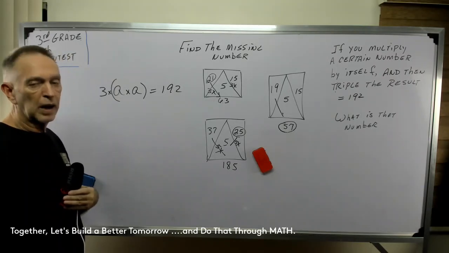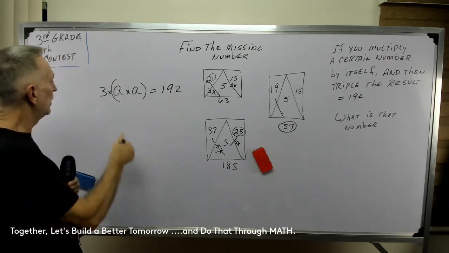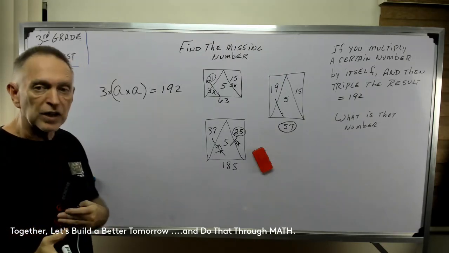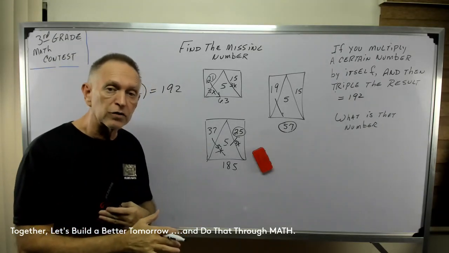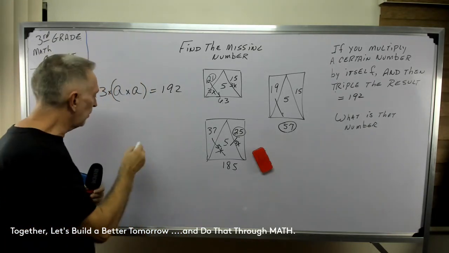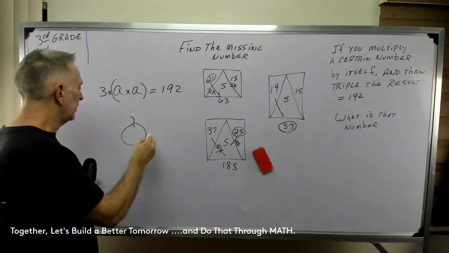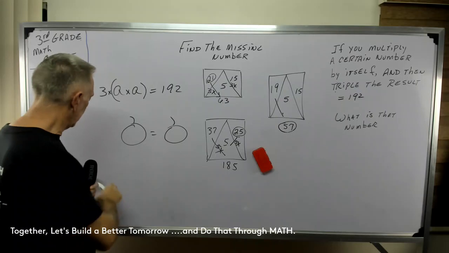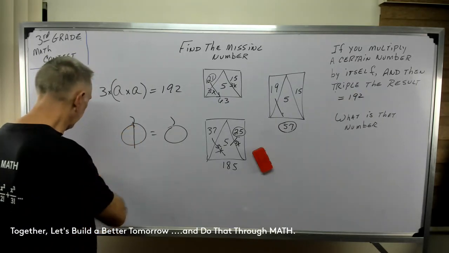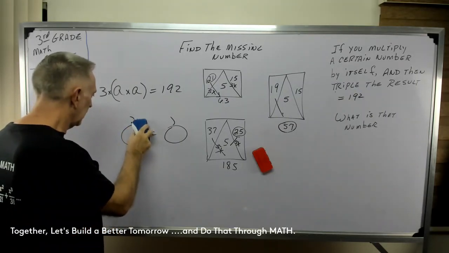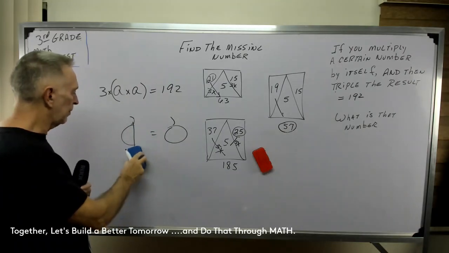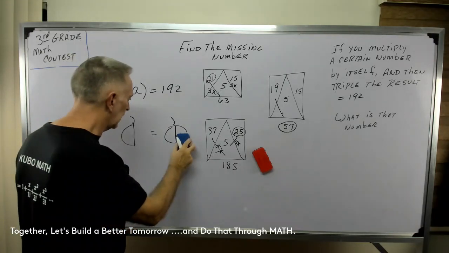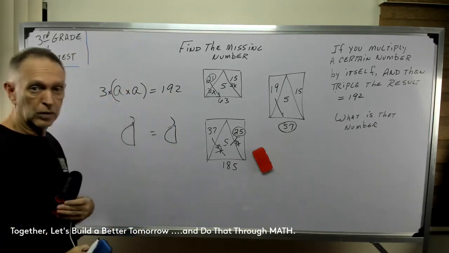Well, if I'm multiplying everything, then I should be able to divide. Whatever I do to one side, as long as I do it to the other side, it's still equal. For example, if I have an apple, apple equals apple. Okay, if I cut this apple in half, now I have half an apple, but that's okay as long as I do the same to the other side, it's still equal.